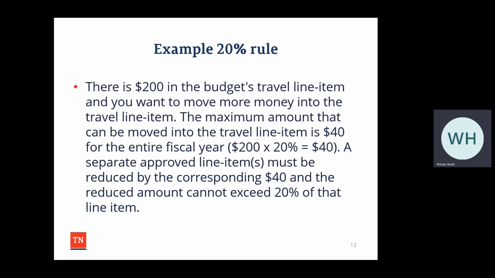A separate approved line item must be reduced by the corresponding $40, and the reduced amount cannot exceed 20% of that line. So it's usually just a rule of thumb: it's the lower of the two. If you had a line item that only had $100 in it, you would not be able to move the whole $40 because 20% of that line is less than $40.